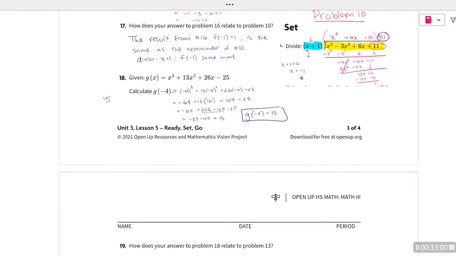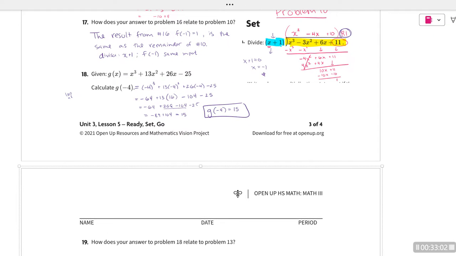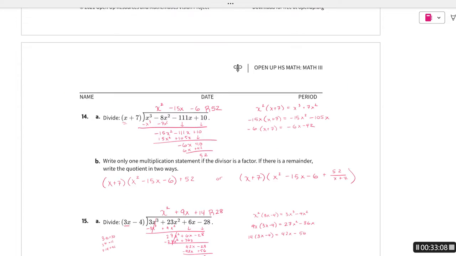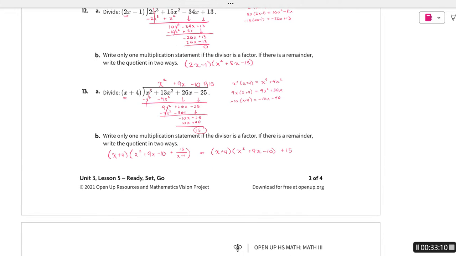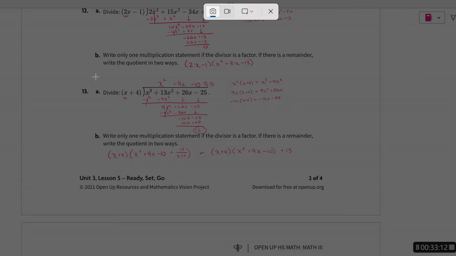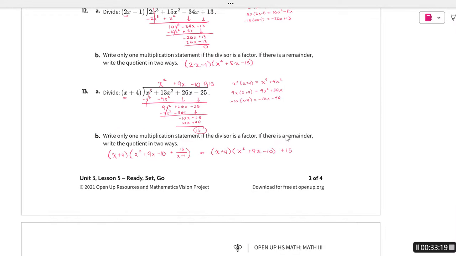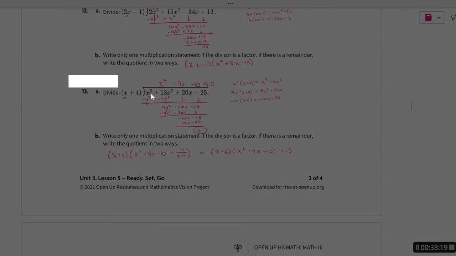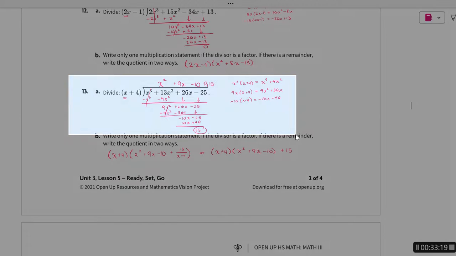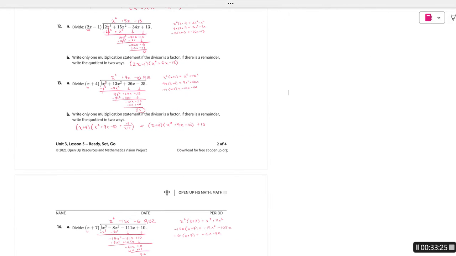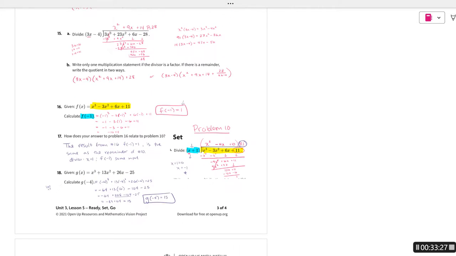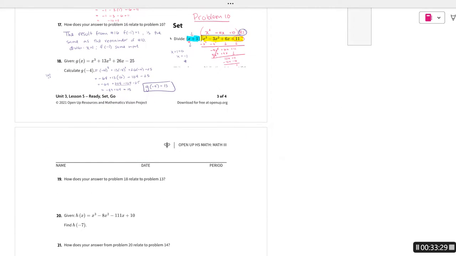Okay, so question 19. How does your answer in problem 18 relate to problem 13? So let me grab a snapshot of the problem. So here's our work for problem 13.